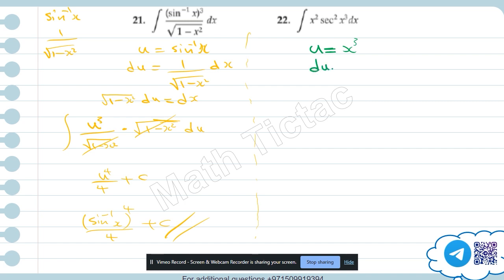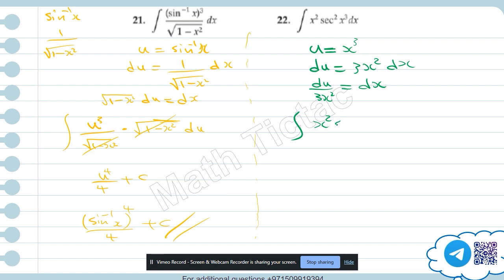So du equals 3x squared dx. Now du over 3x squared is equal to dx. Directly I'll start with the substitution.